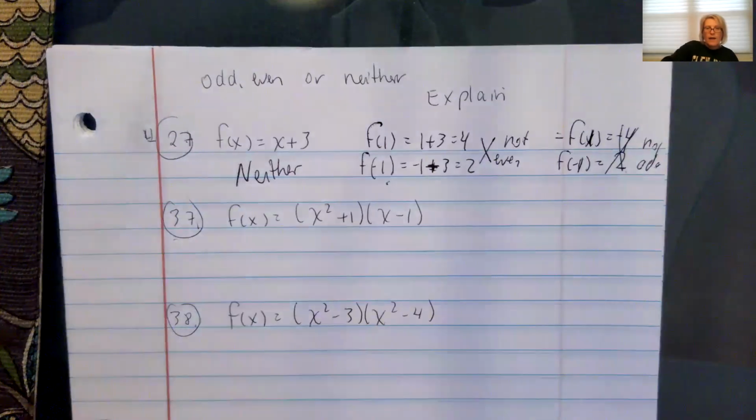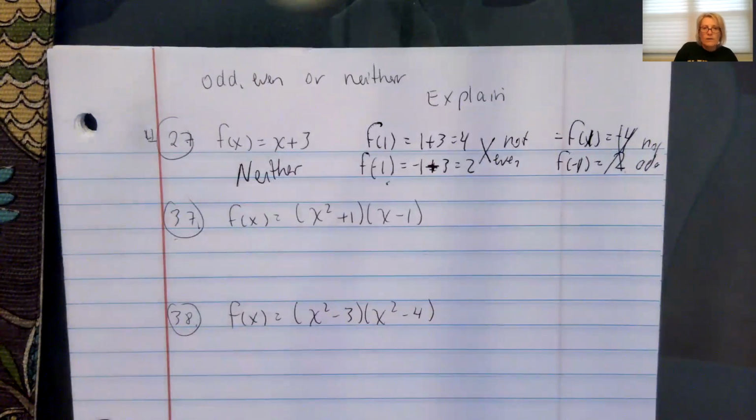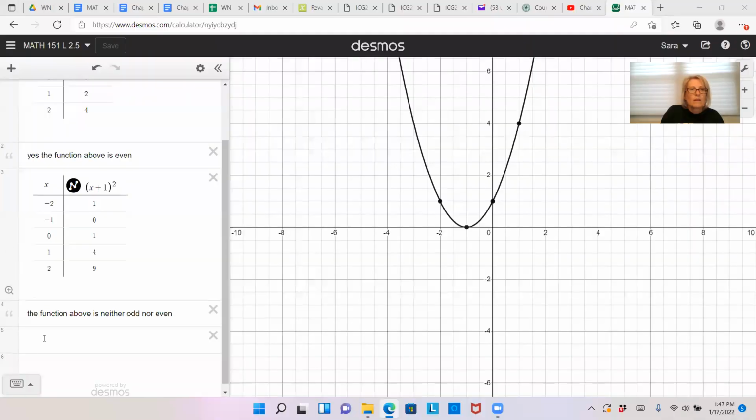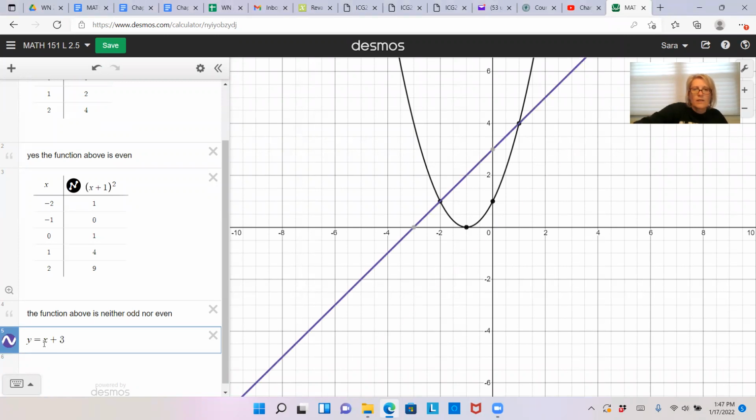And we can see that by going to Desmos. So if we put in y equals x plus 3, you can see that it's not reflective over the origin. It would have to go through 0, 0 for that to be true.